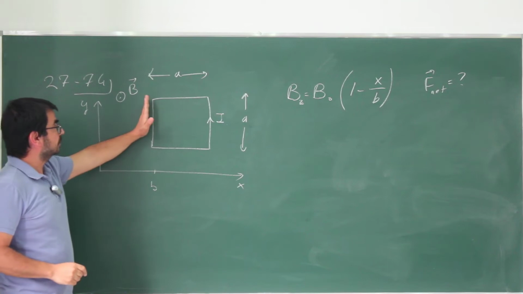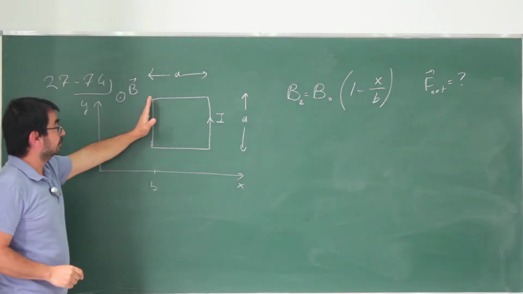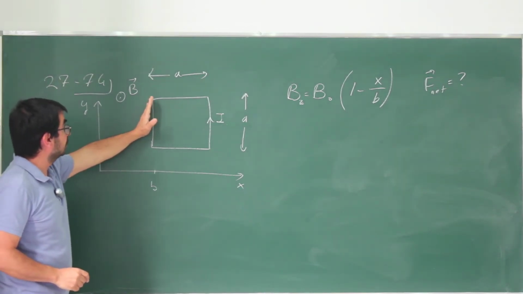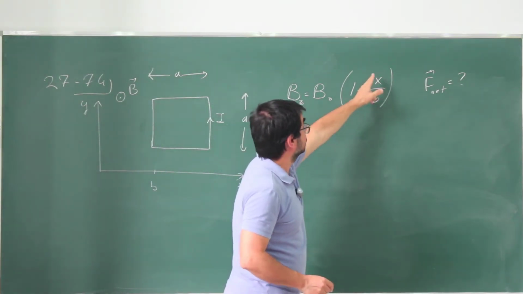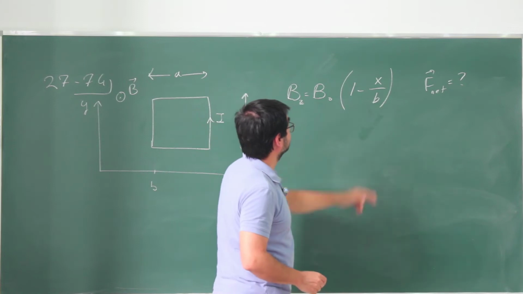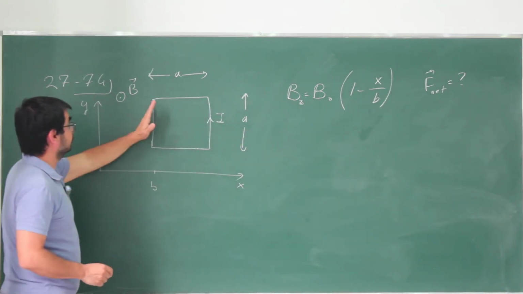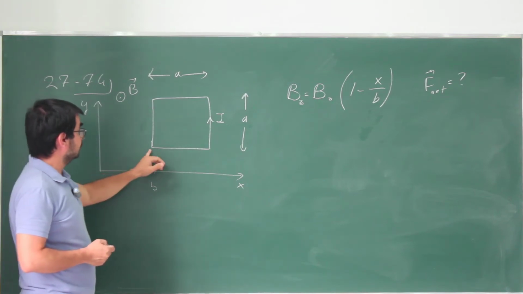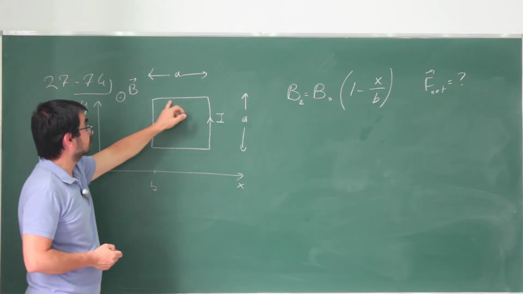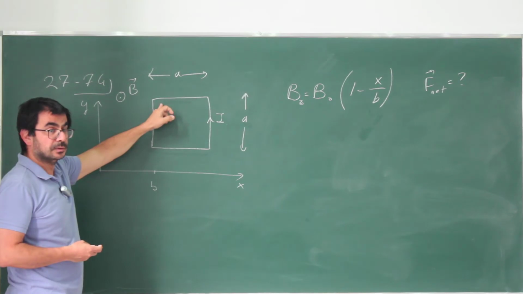So let's start from the left hand side. What is the magnitude of the magnetic field at x equals b? It's 0. This fraction gives 1, 1 minus 1 is 0. So there is no magnetic field, there is no force on the left hand side of this loop. Now, if you calculate the force on this part and the force on that part, we are going to find that they're going to cancel each other.